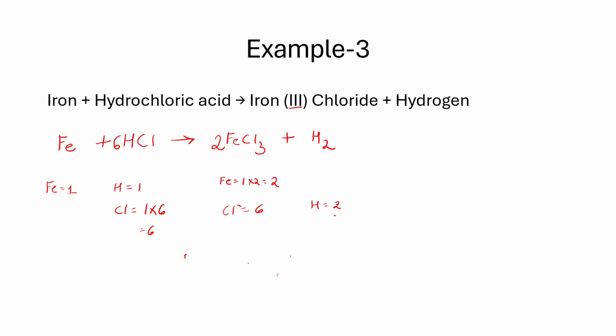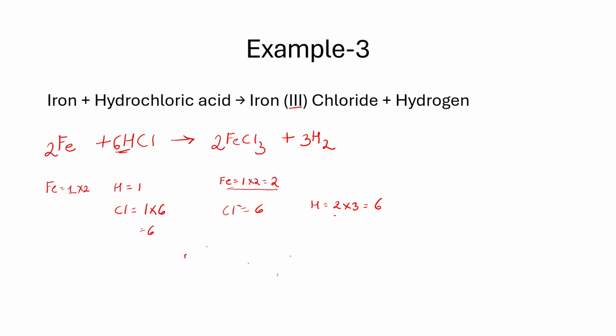Okay, but that also changes the number of hydrogens, but as you can see, this is quite manageable now, because if we have 6 hydrogens here, all we need to do is put a coefficient 3, and that makes up 6 hydrogens as well. And lastly, since there are 2 irons now on the product side, what we can do is have a coefficient 2 here as well.